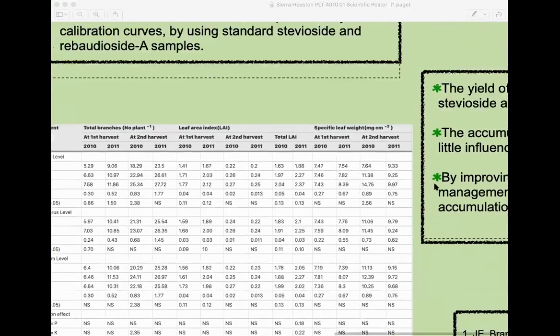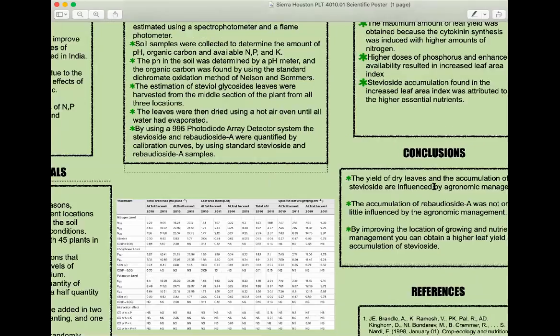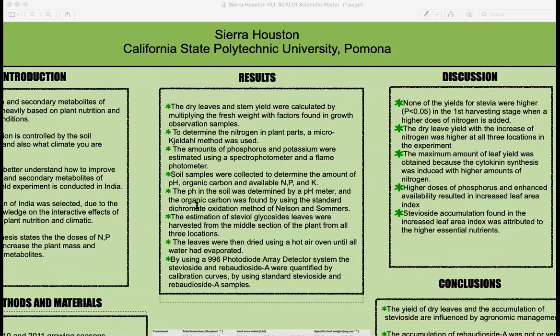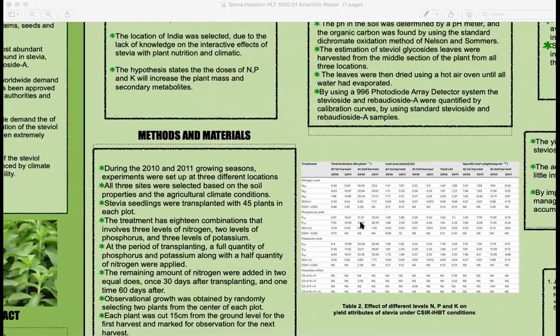The treatment recorded about 18% higher stevioside content in the leaf compared with the nitrogen treatment, and this is then compared to phosphorus and potassium. Nitrogen overall had a higher leaf area index, and this resulted in higher stevioside content. In the study, the dry leaf yield of stevioside was increased by the nitrogen levels at all 3 locations.